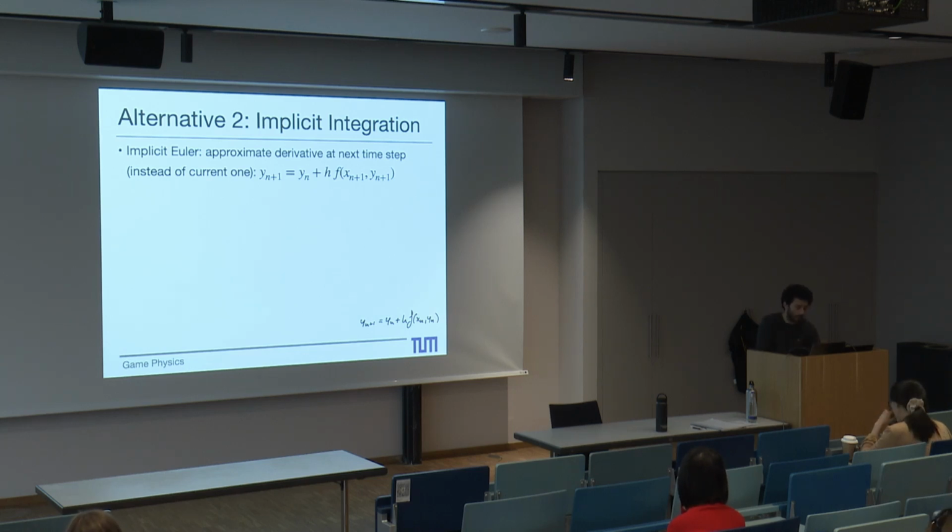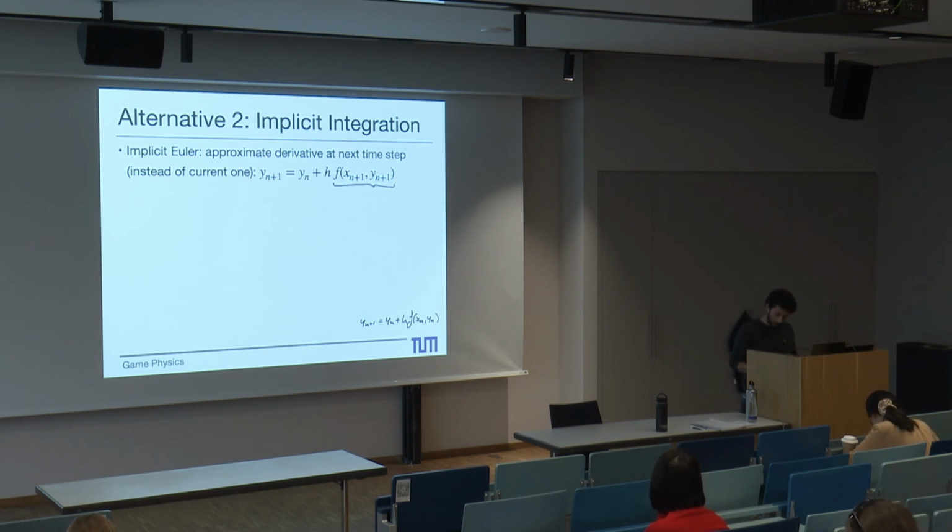So in this case, instead of using the approximation of the derivative at point xn, what we are doing is using the approximation at the step n plus 1, which is slightly different, but this difference is quite important for the reason that now on the right side of the equation we have the value of yn plus 1, which in principle we don't know.